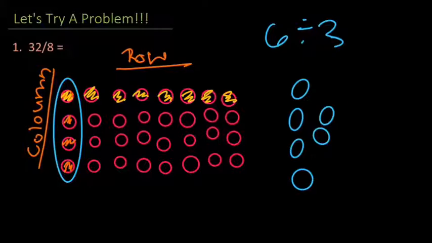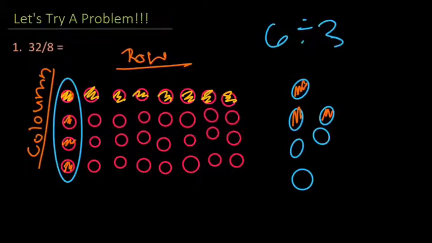Now you want to group it into 3 different groups. How I personally do it when it's randomized like this, I take 2 groups of 3 because I even this out. I divide 6 by 3 evenly, and I circle in 3 circles: 1, 2, and 3.